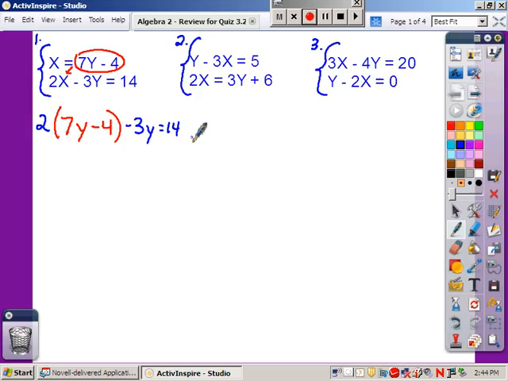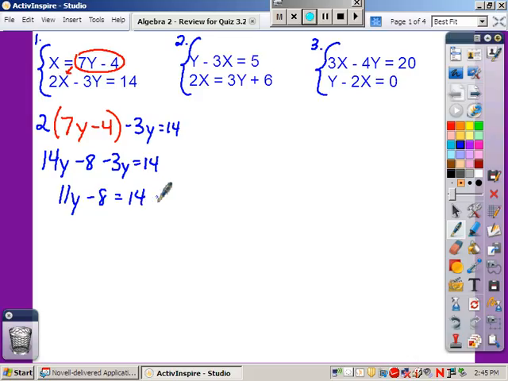So with this, now I've got it down to a relatively simple thing to solve. I'm going to distribute this stuff. I get 14y minus 8 minus 3y equals 14. That's distributed. Now I'm going to combine like terms, 14y and negative 3y, that's 11y minus 8 equals 14.